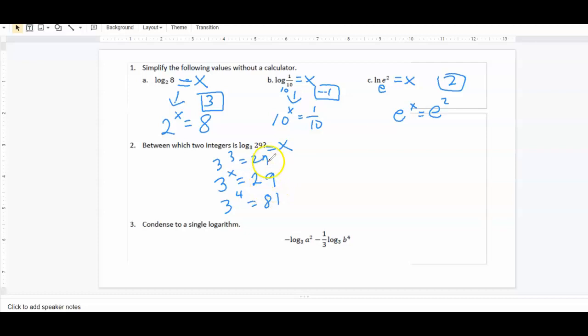If 29 is between 27 and 81, x must be between 3 and 4. I could ask you which integer it is closest to. That will be the answer. Probably 3, because 29 is much closer to 27 than to 81.